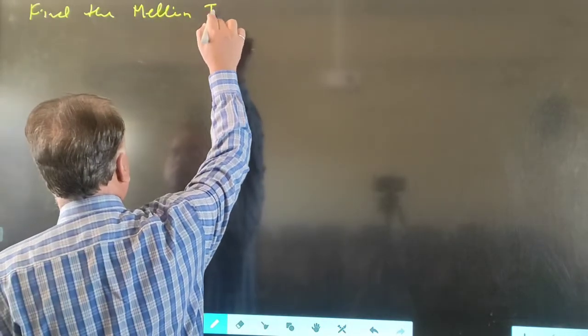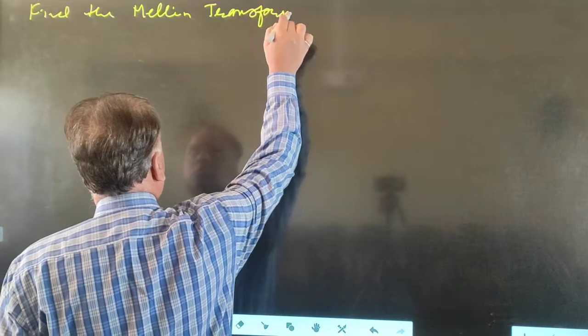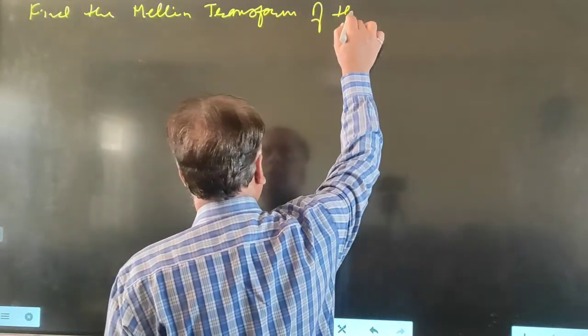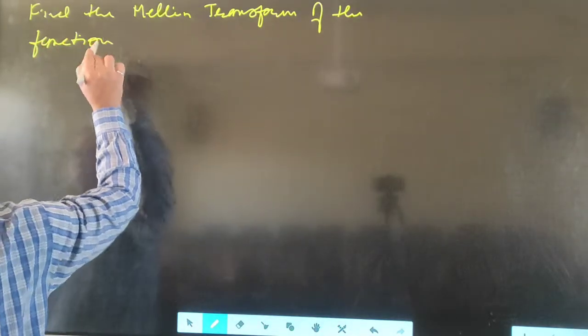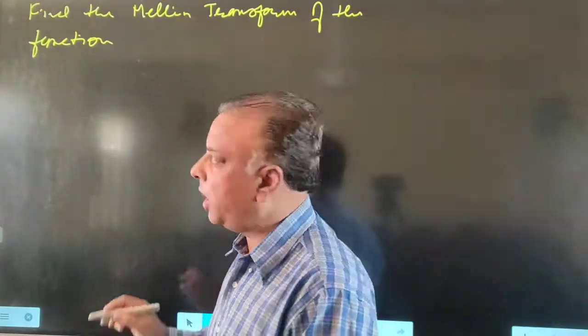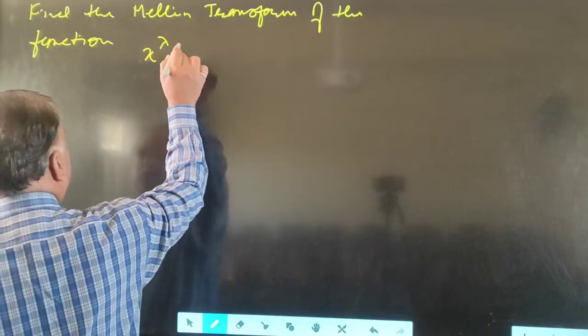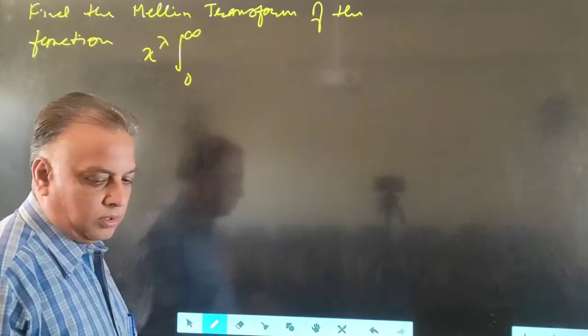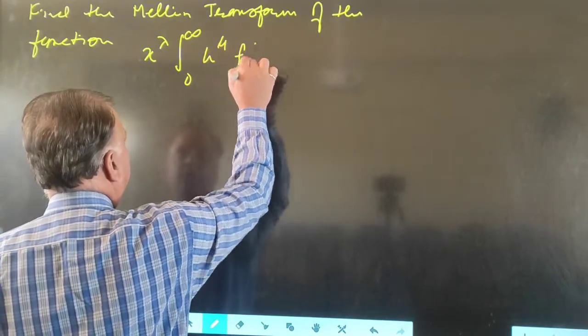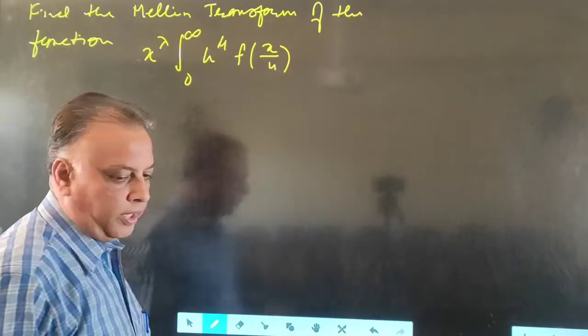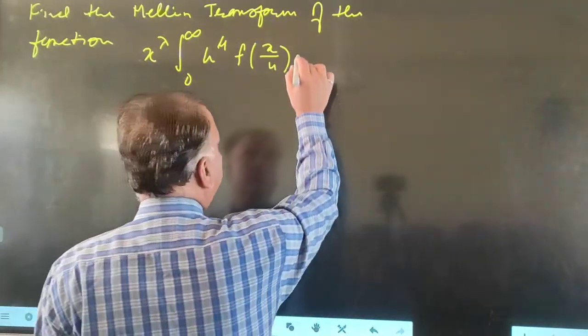We have to find the Mellin transform of the function x raised to lambda integral 0 to infinity u raised to mu f of x upon u g of u du.